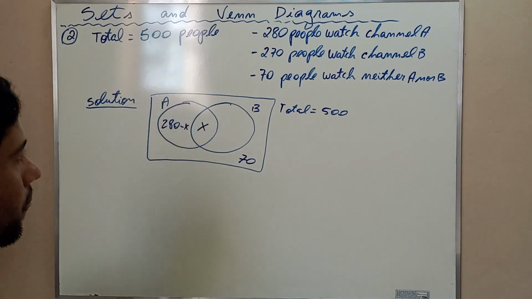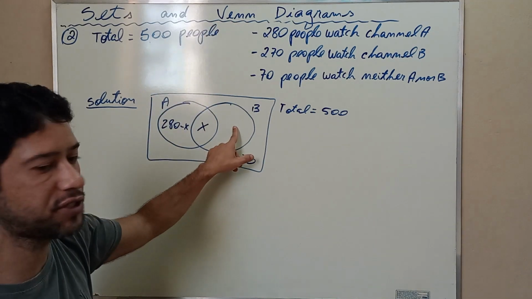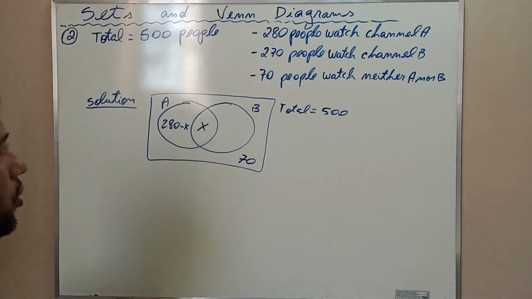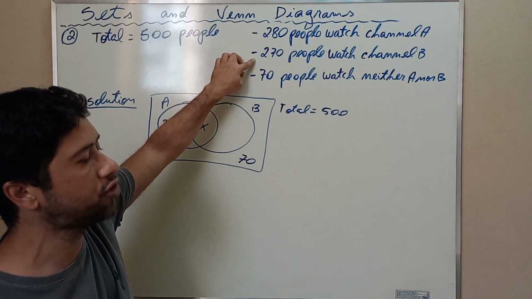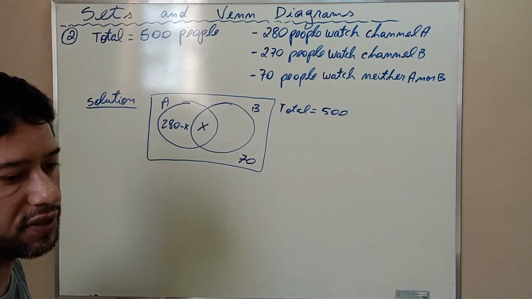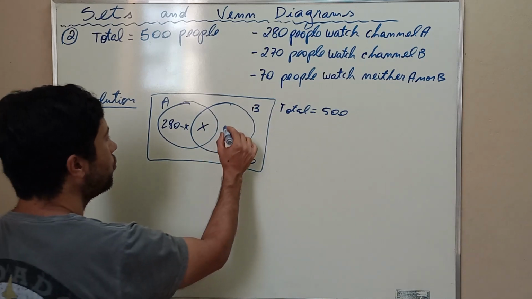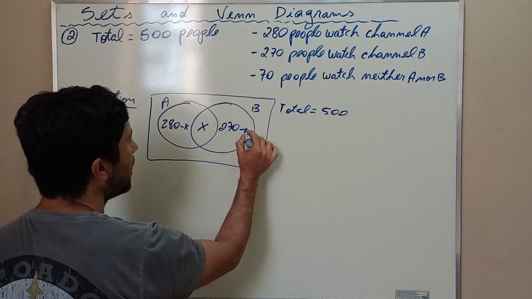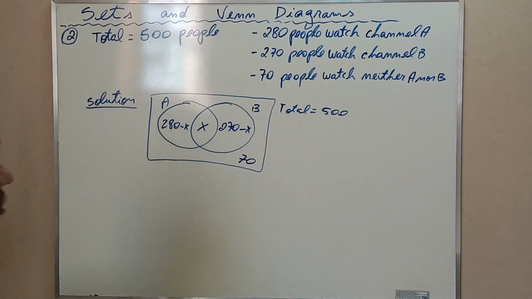Could you comprehend? The same will be done for set B, okay? 270 people watch channel B. We already have X. To complete 270, we need 270 minus X, okay? This is what we are going to do to calculate what the exercise wants.